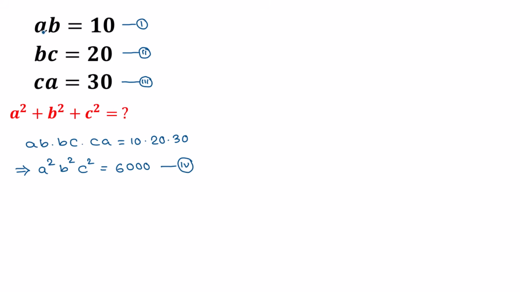Now equation 1, we have AB is equal to 10, and taking a square to both sides, we will get left side AB, and this square is equal to this 10 and this square.